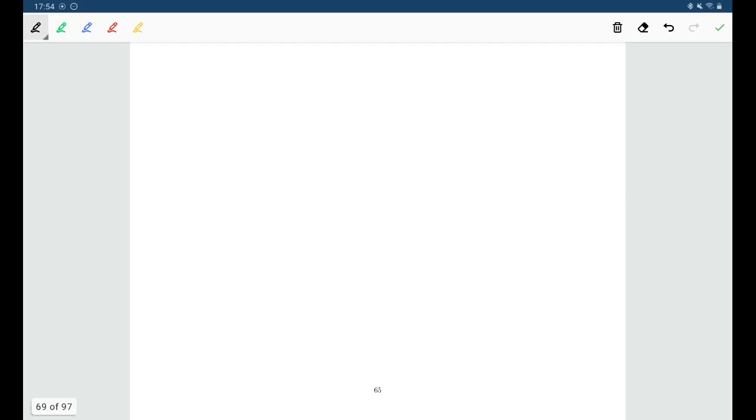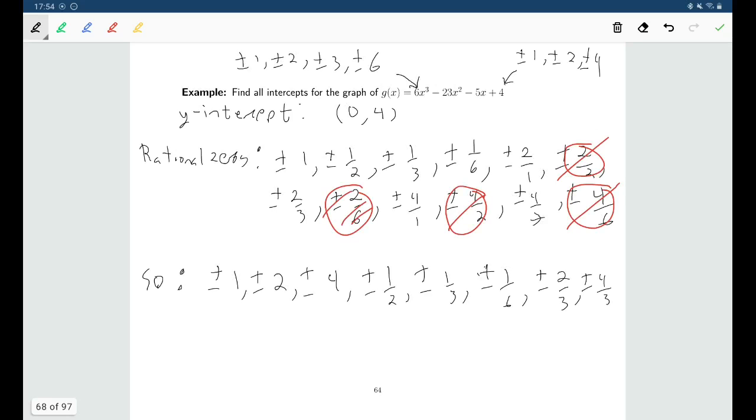So for our polynomial, it was 6x cubed minus 23x squared minus 5x plus 4. So my coefficients are 6, -23, -5, and 4. And so I'll start with checking 1. Basically all we're doing here is the same process of multiplying and adding.